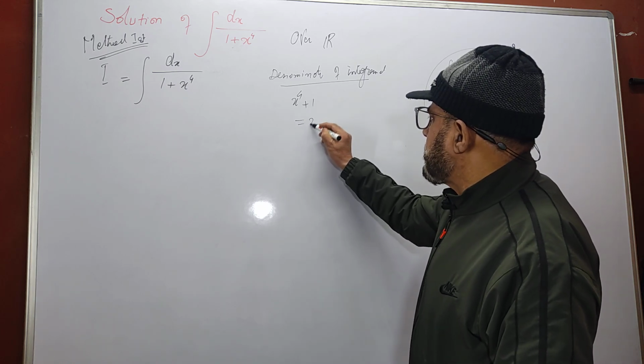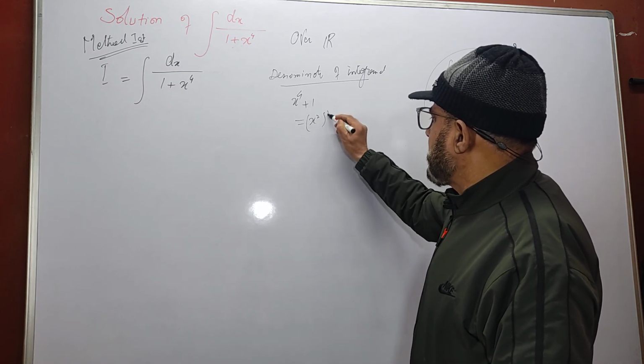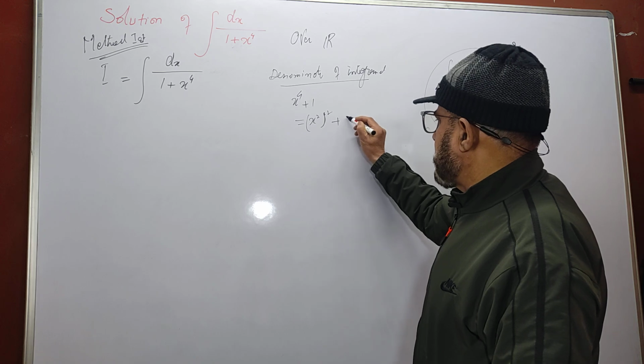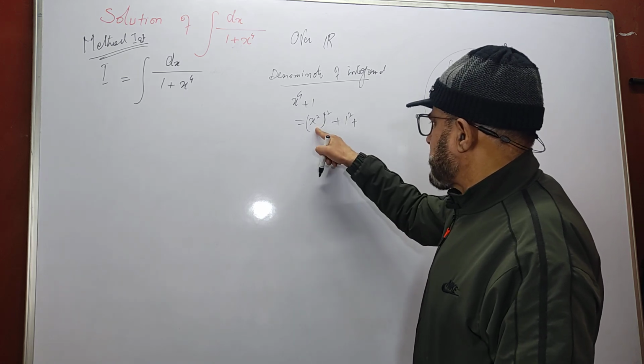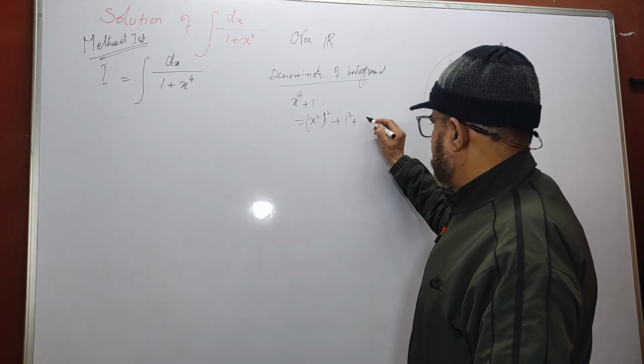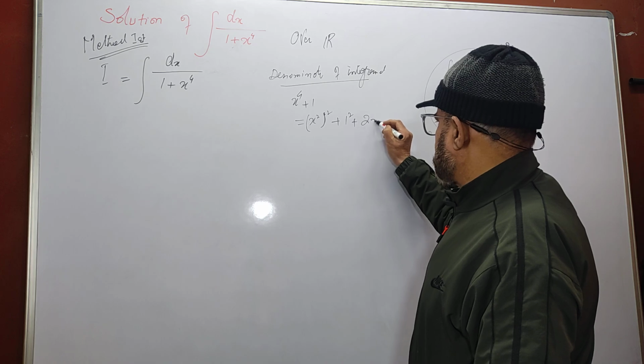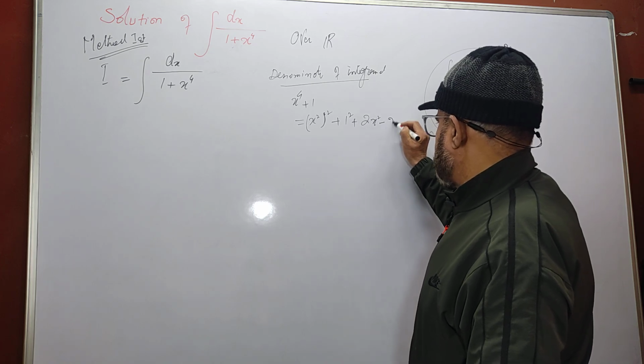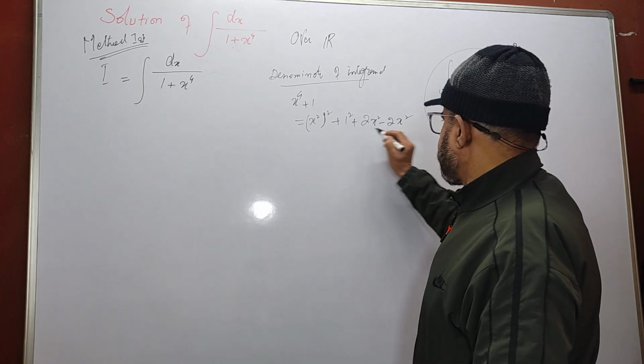It is x^4, that is (x^2) whole square, plus 1 square. This is a square plus b square. I will add here plus 2ab, that is plus 2x^2, then simultaneously subtract 2x^2.